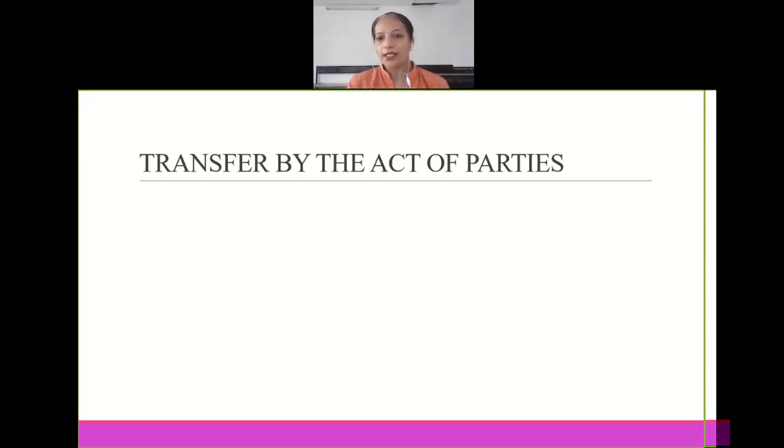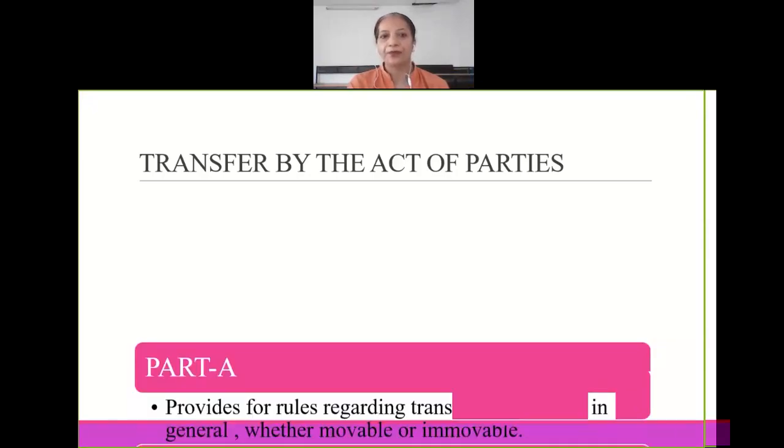These living persons need not be human beings; they may be companies, associations, a body of individuals, a firm or a corporation. But one has to keep in mind that under the Transfer of Property Act, only those transfers which take place by the act of parties are covered, that is to say, only inter vivos transfers.